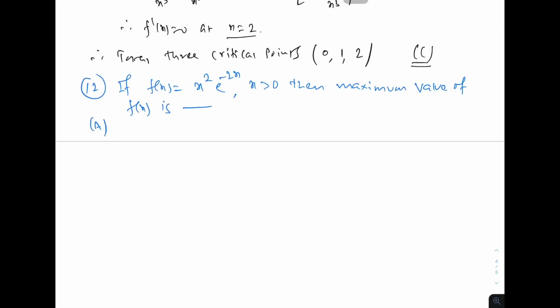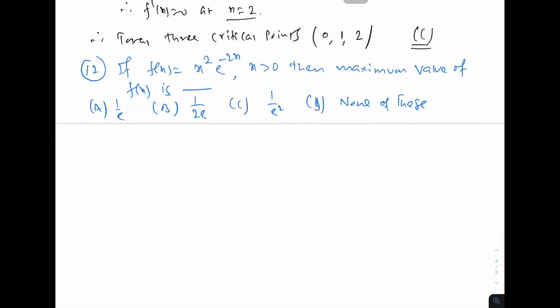Options are 1 by e, 1 over 2e, 1 over e square, and none of these. Okay. Now f(x) equal to x square e power minus 2x.